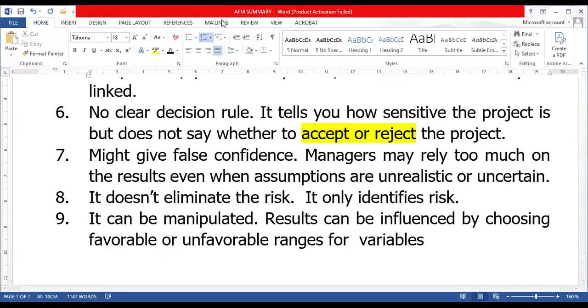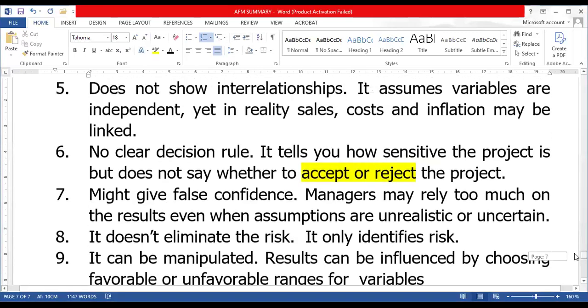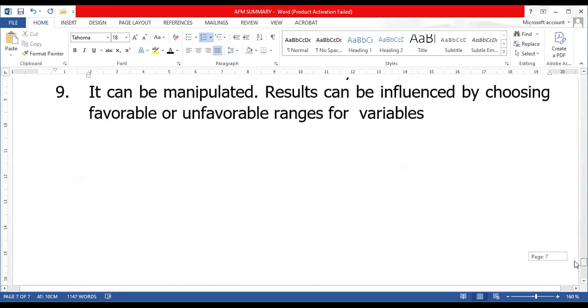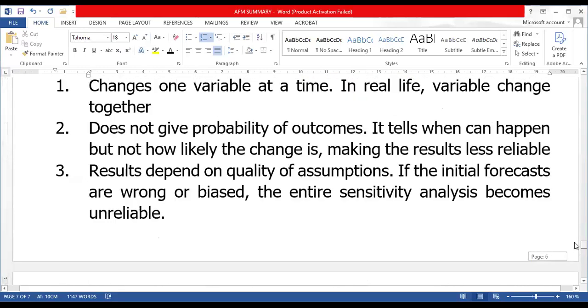You may find that you are not familiar with how to run the kind of project, and you come up with the sensitivity analysis and tell the board that, you see, this is very, very sensitive. It might not give us good results.